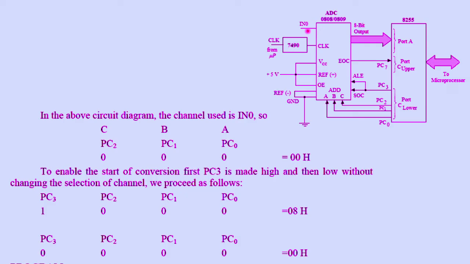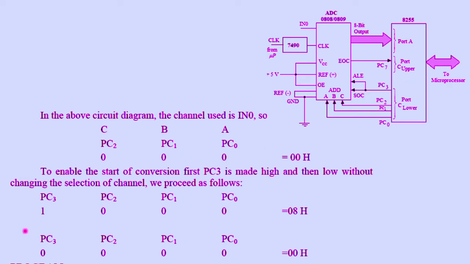Okay. Now to enable the start of conversion, first PC3 is made high and then it is made low without changing the selection of the channel. So how is it made high? If we want to make it high, PC3 needs to be 1. What is PC3? PC3 is nothing but the start of conversion signal.